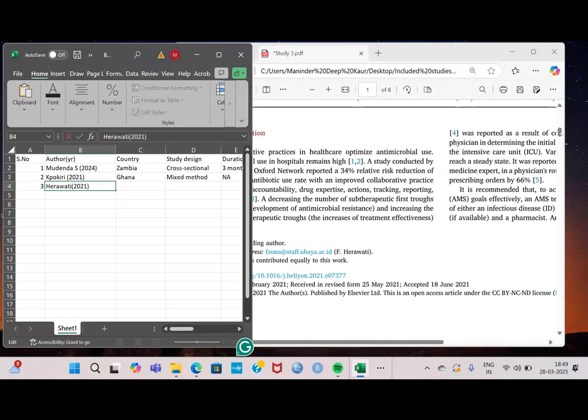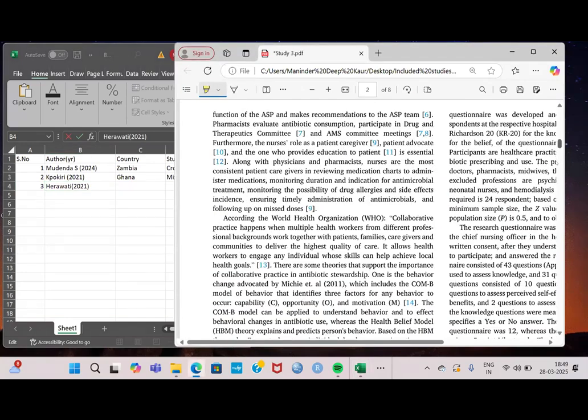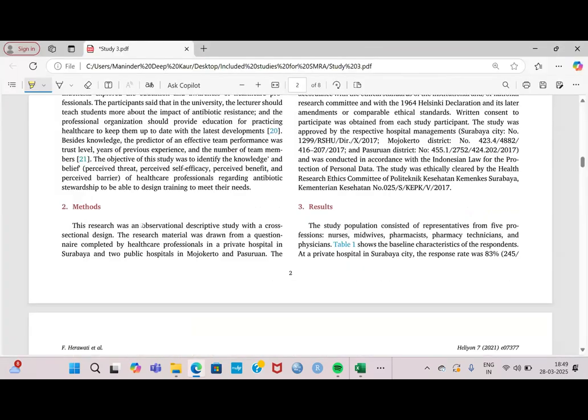So I have to go into the methodology section to see the country name in which the study has been done. So see, they have used the observational descriptive design with cross-sectional design. So design is cross-sectional.